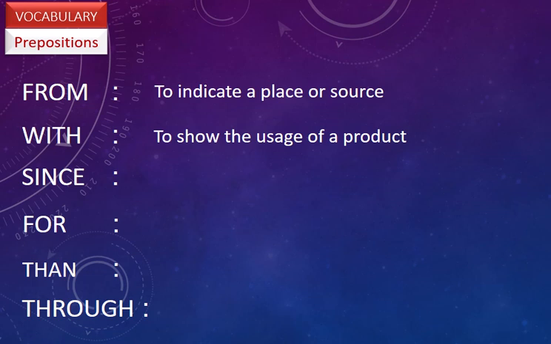Children eat meals with spoon. See, with spoon. So when we want to show the usage of a particular product, the preposition with is used.